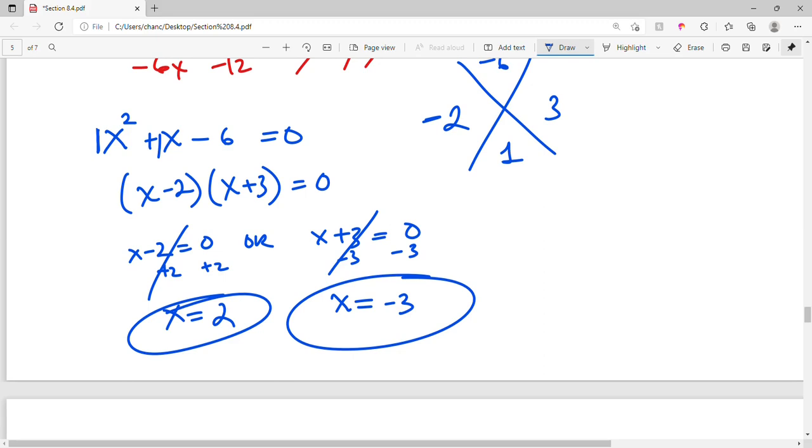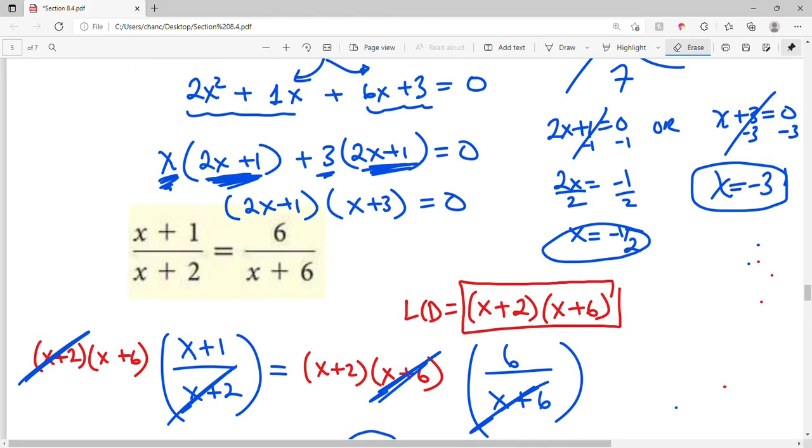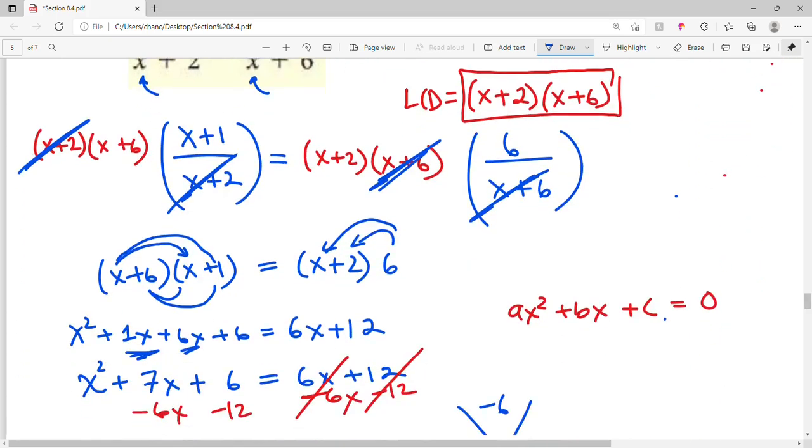The reason I said these are potential solutions is we have to check to make sure they actually work. You have to be careful when you check your work that you look at the denominators carefully. The first solution was 2. If I plug a 2 into the denominators, we do not get a 0. So 2 is a good solution.